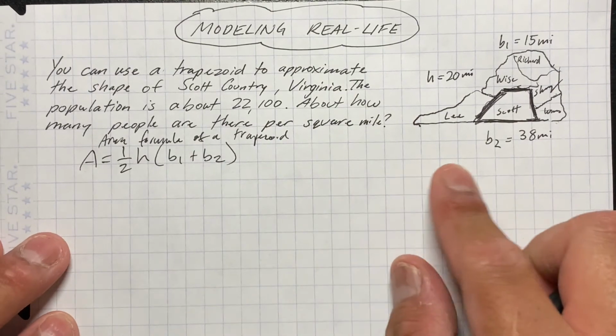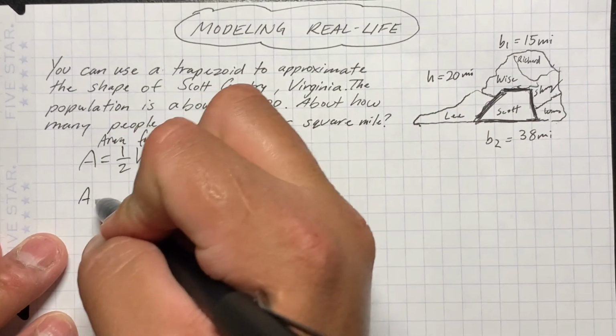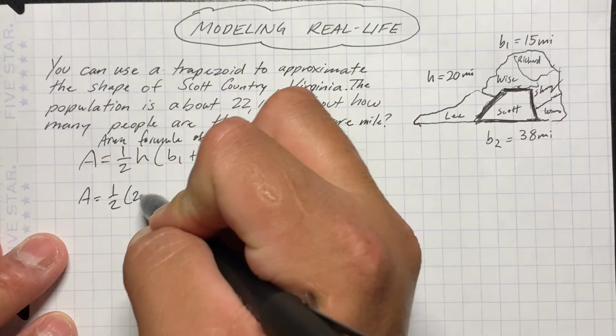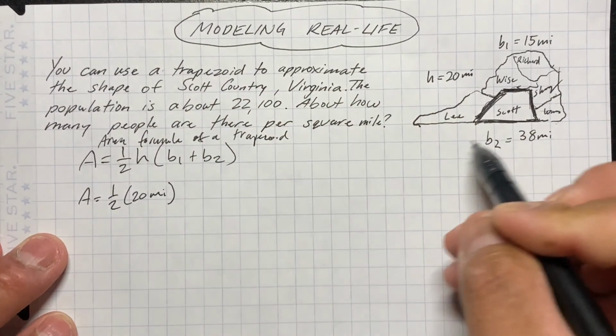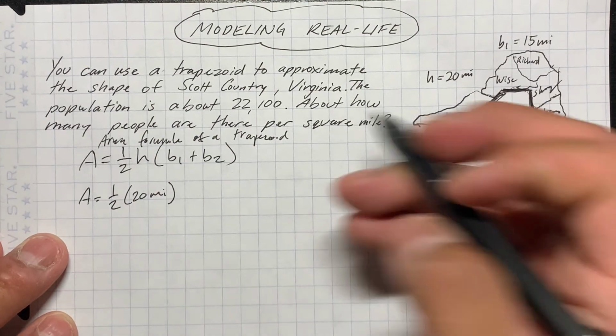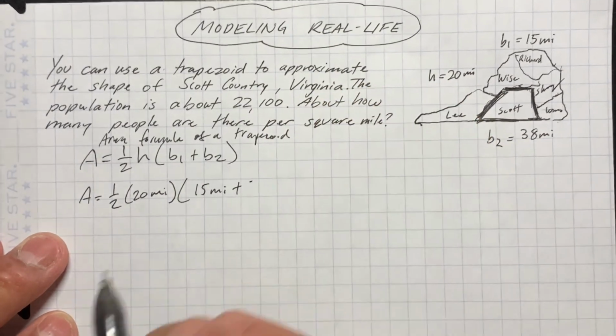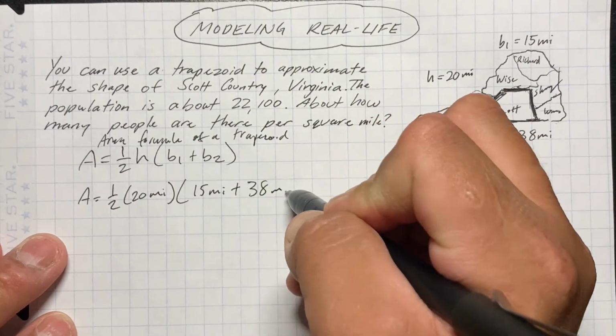All right, so let's substitute here. Our height is 20 miles. So area equals half times 20 miles, and then base 1 is 15 miles, and base 2 is 38 miles. So we substitute 15 miles plus 38 miles.